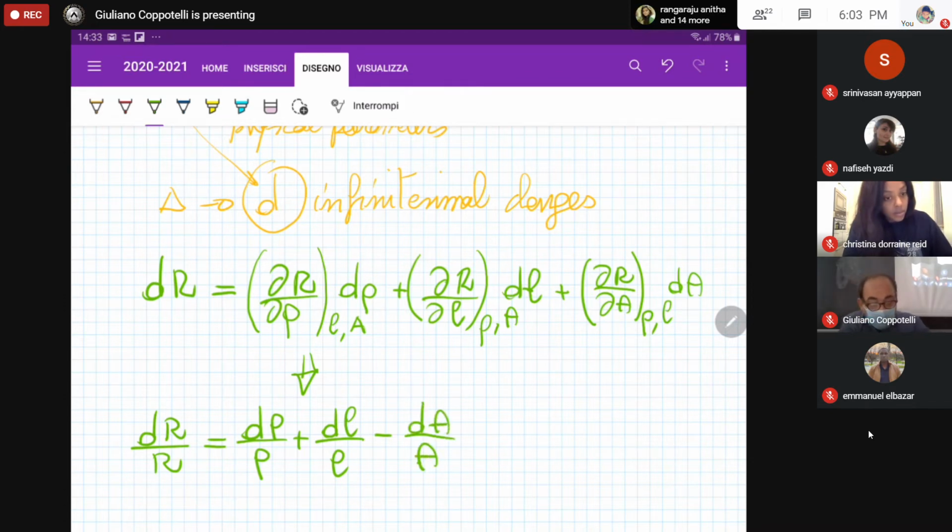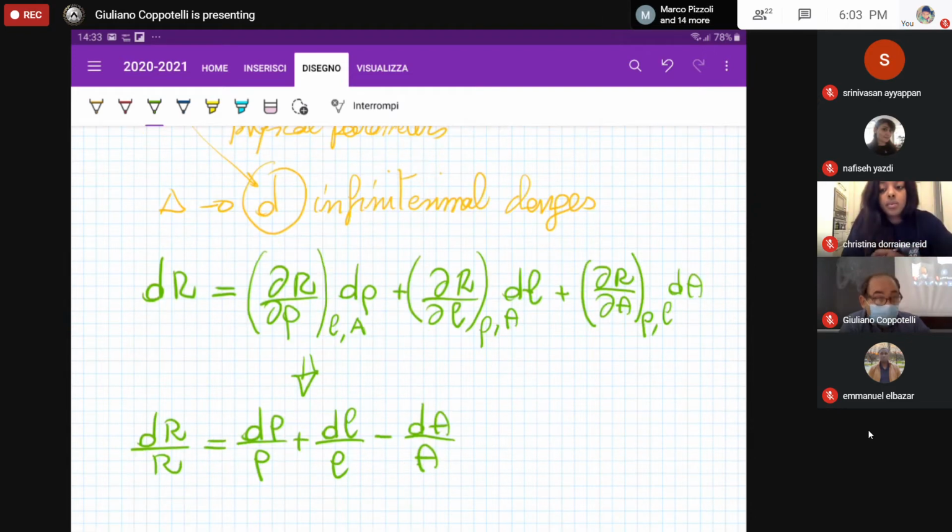Okay. Please note the change of sign, because when taking the derivative with respect to A, we have A at the denominator, so it provides the negative sign. Partial derivative. Then we have just the same. Okay, we can keep the total derivative, because we had defined that these are the variations.